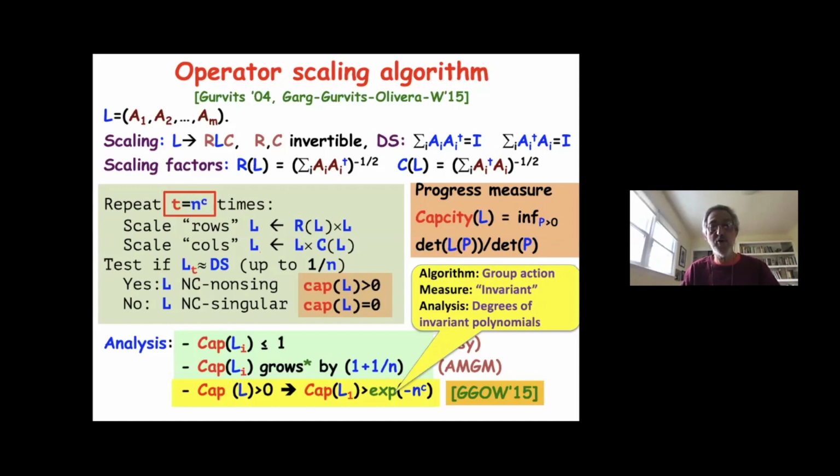There is a group action here that's easy to see, and we'll talk about it more. And group actions have invariants, and the analysis uses degrees of these invariant polynomials. So we'll elaborate on this after the break.